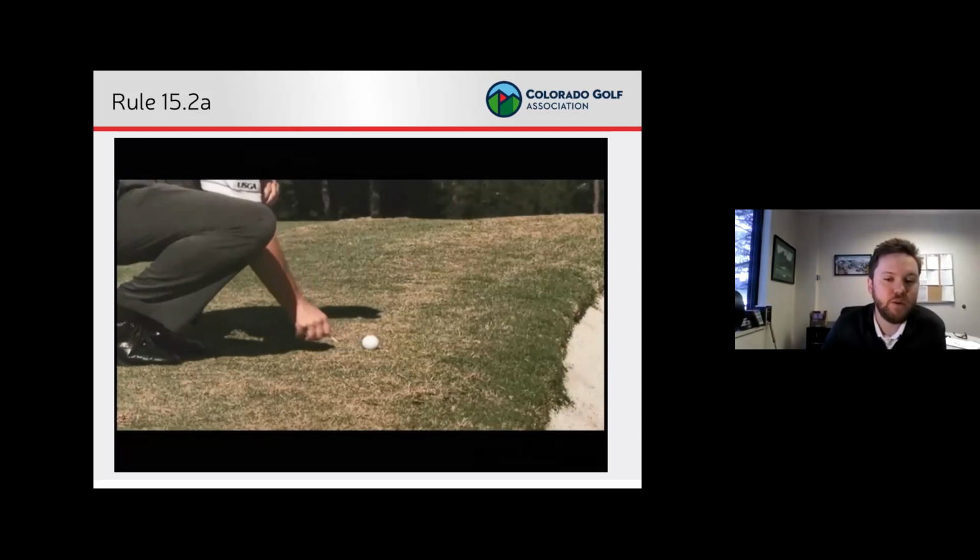If you don't know the spot, we've seen you're estimating and replacing it back on that spot, but here the player marked it. So while not required, it is proper to do that if you think your ball is going to move, just to show you're doing your due diligence to get the ball as best you can back on that spot. And by using a tee there, we know the exact spot. So that's good procedure there.